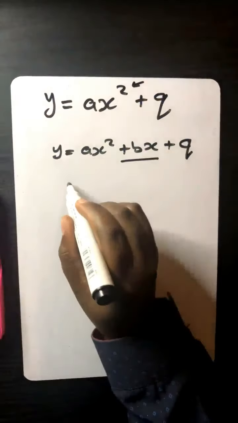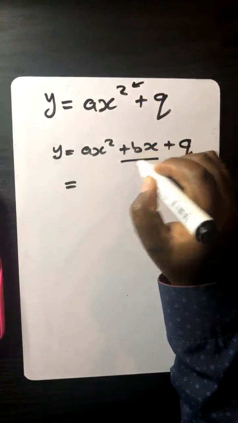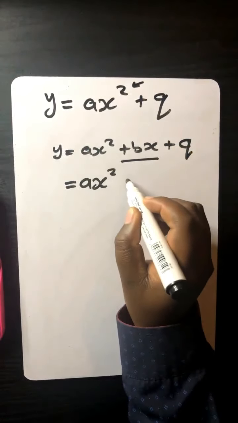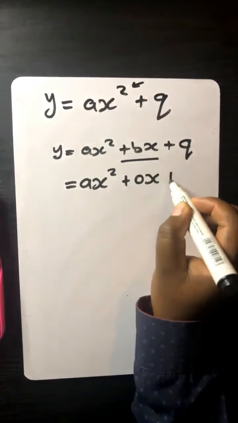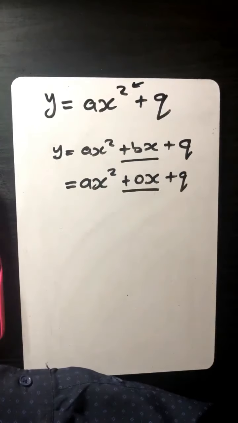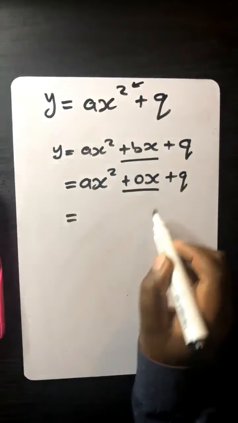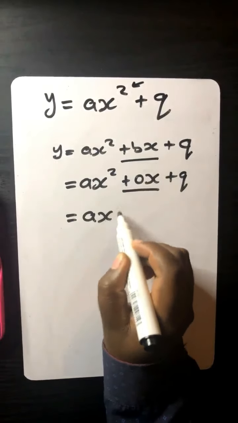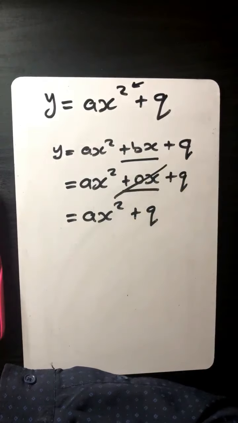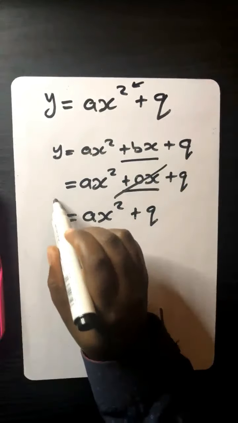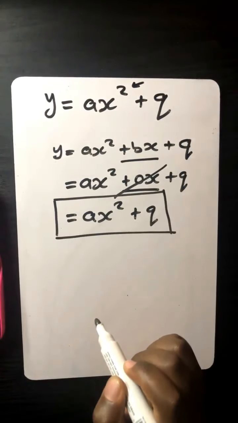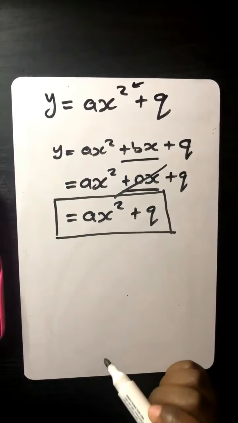It means your b is 0. So you've got ax squared plus 0x plus q. Anything multiplied by 0 remains as nothing, so you've got ax squared plus q. That term falls away because it's 0 multiplied by b. That's why in grade 10 you have that as your general formula for the quadratic equation.